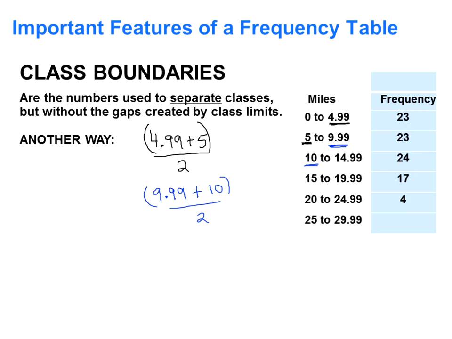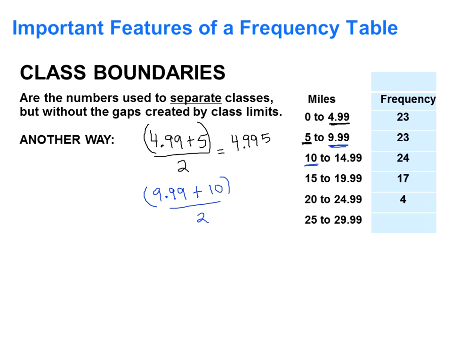Okay, so for the first one, we have 4.99 plus 5, well, that gives us 9.99. And if you divide it by 2, well, that's 4.995. You got that? Okay.